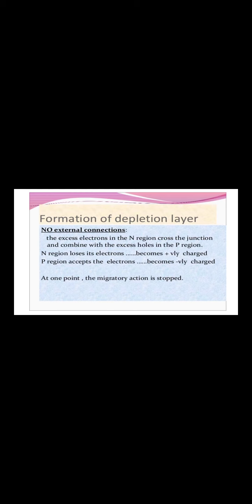Then the p region accepts electrons because it is negatively charged. At this point the action is stopped. The addition of electrons is replicated as the net negative charge of the p region, since electrons are negative charge and holes are positive charge. Similarly, the addition of holes from the p region is replicated by the positive charge of the n region.